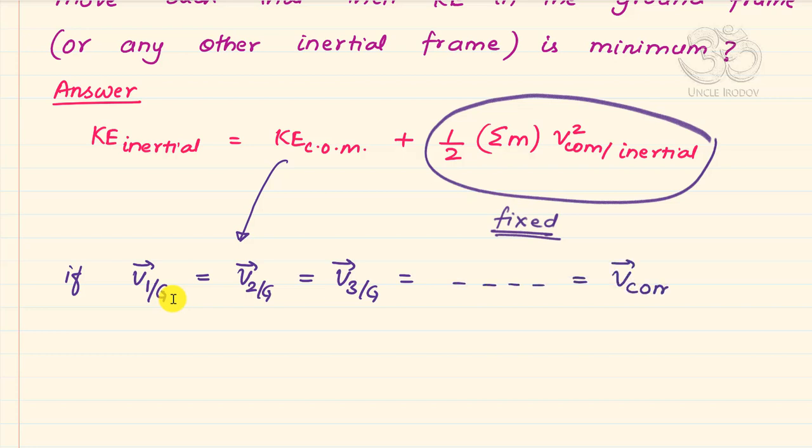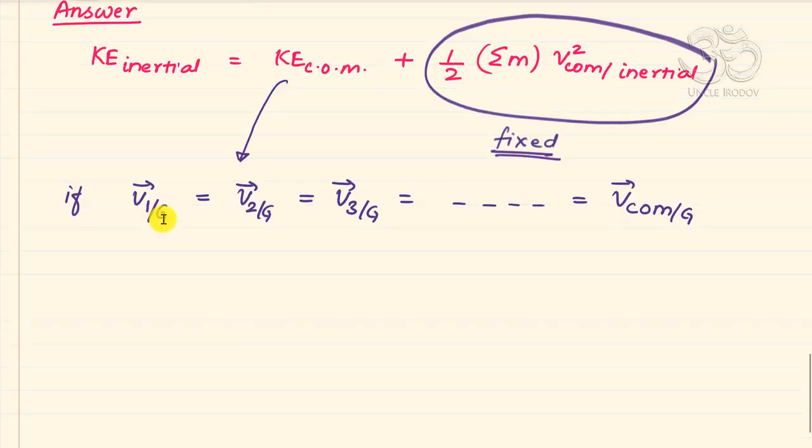Automatically, if all the velocities are equal for all the particles, then the center of mass will be having that specific velocity only. So the last part I don't need to say, but I'm just explicitly mentioning it.